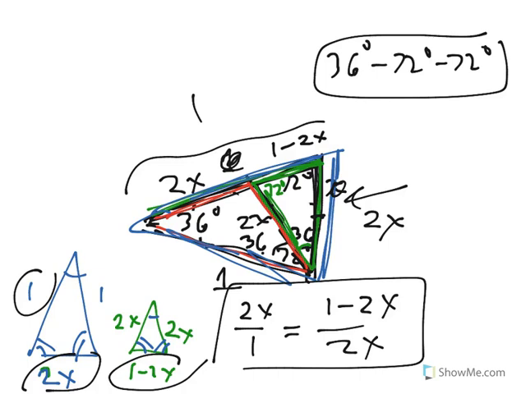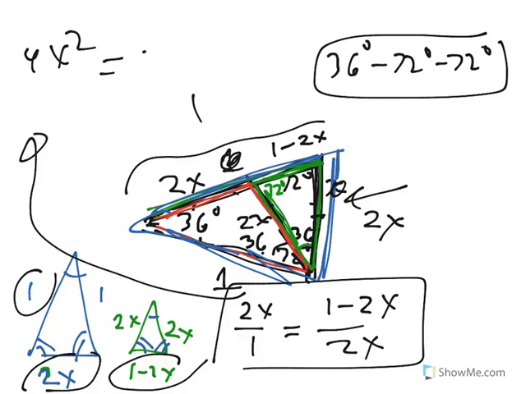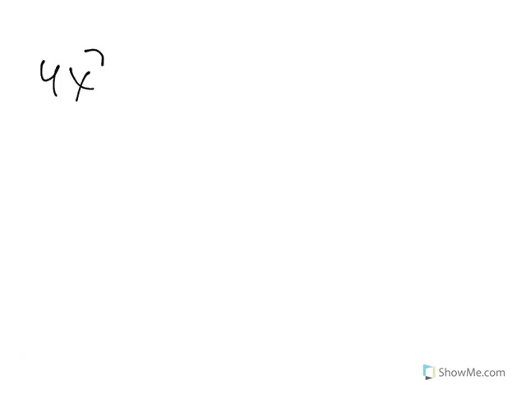And if I cross multiply, I get 4x squared equals 1 minus 2x. And if I move everything over to one side, plus 2x minus 1, I end up with quadratic equation 4, 2, negative 1. So 4x squared plus 2x minus 1 equals 0.